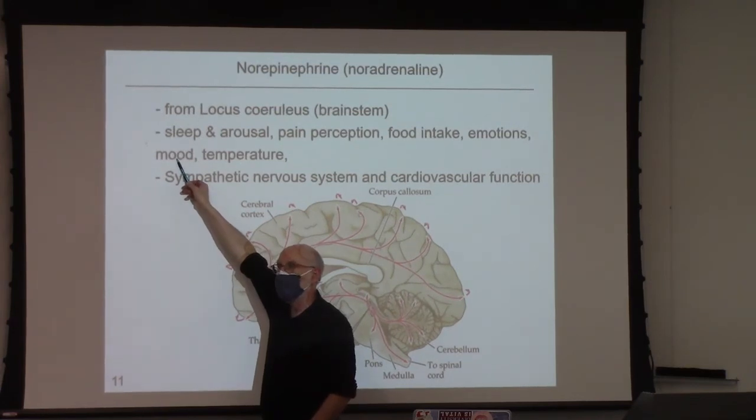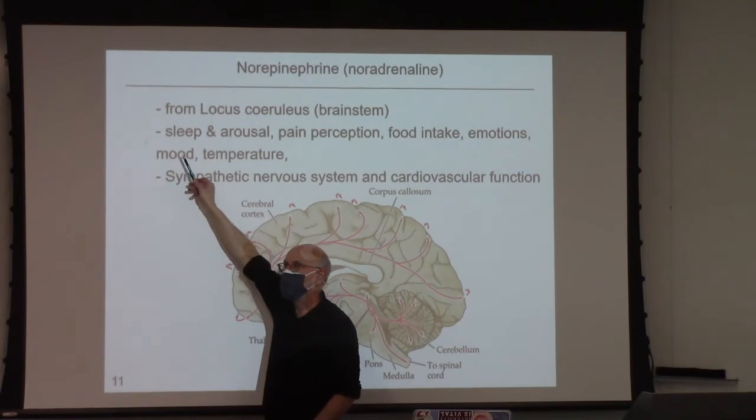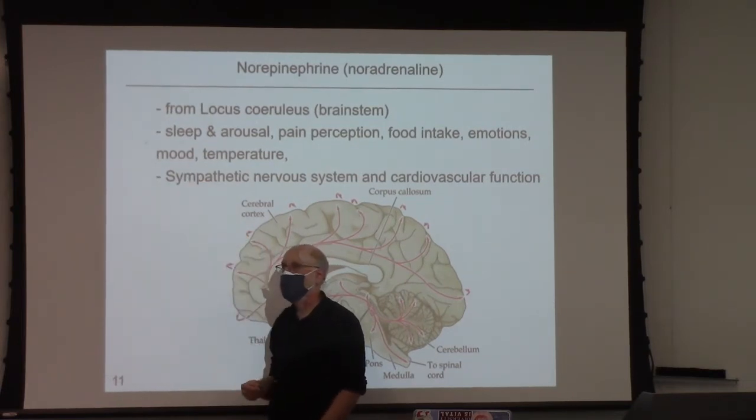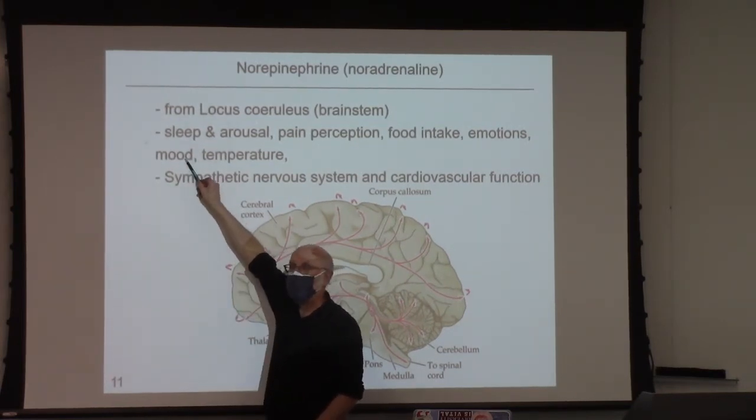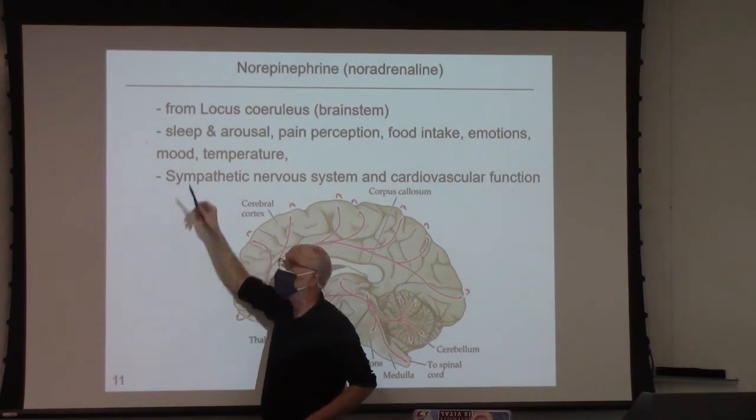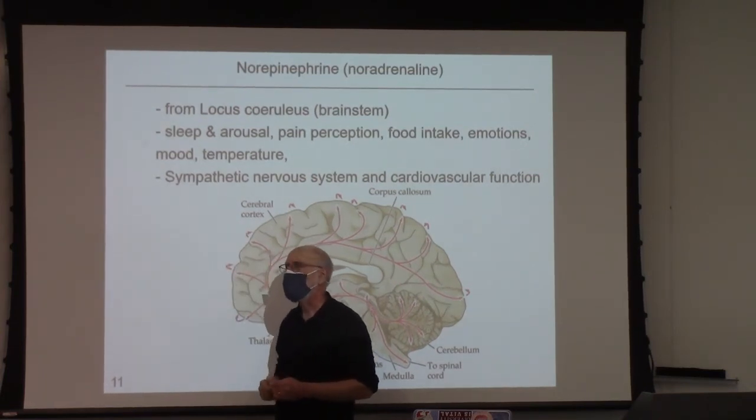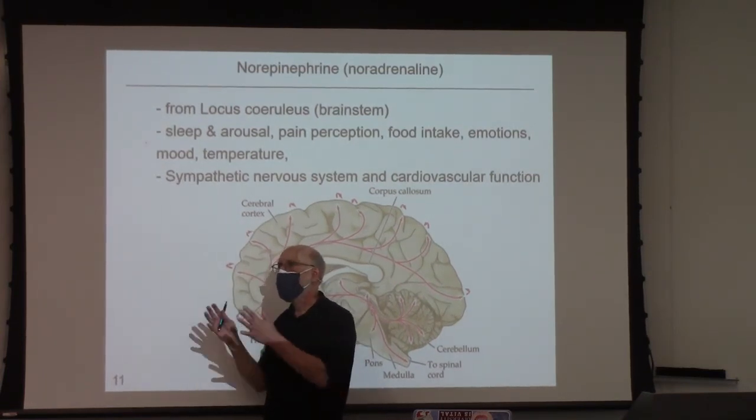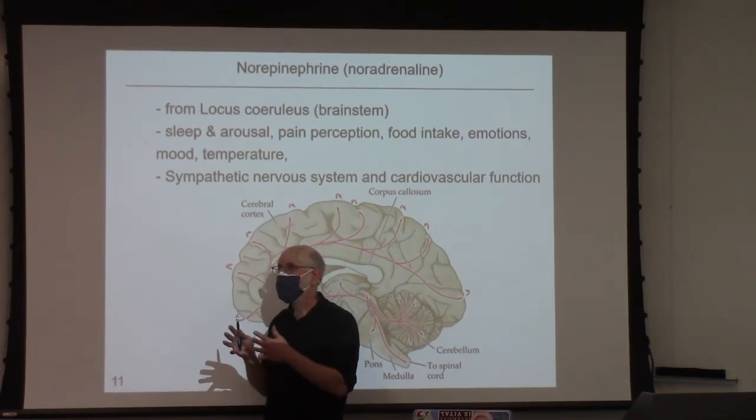Some mood disorders are downstream from norepinephrine homeostasis. So some of the antidepressants that we learned about affect norepinephrine signaling. We're going to get to that concept with serotonin real soon. But some of them are related to norepinephrine. But there's no disease for norepinephrine the way Parkinson's is for dopamine.